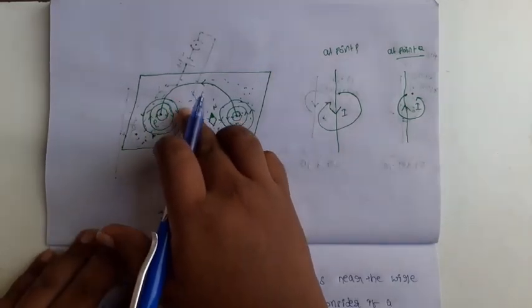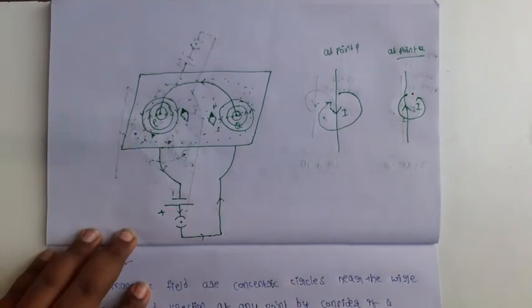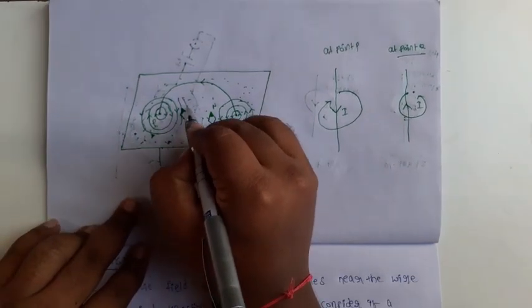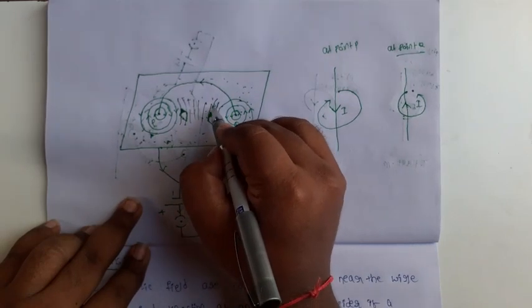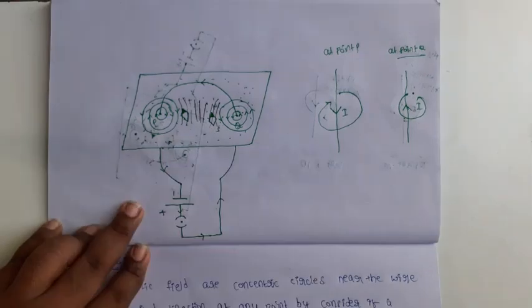If you draw more magnetic field lines, what happens? The more magnetic field lines you draw, the more they come out as straight lines. These are the straight lines.